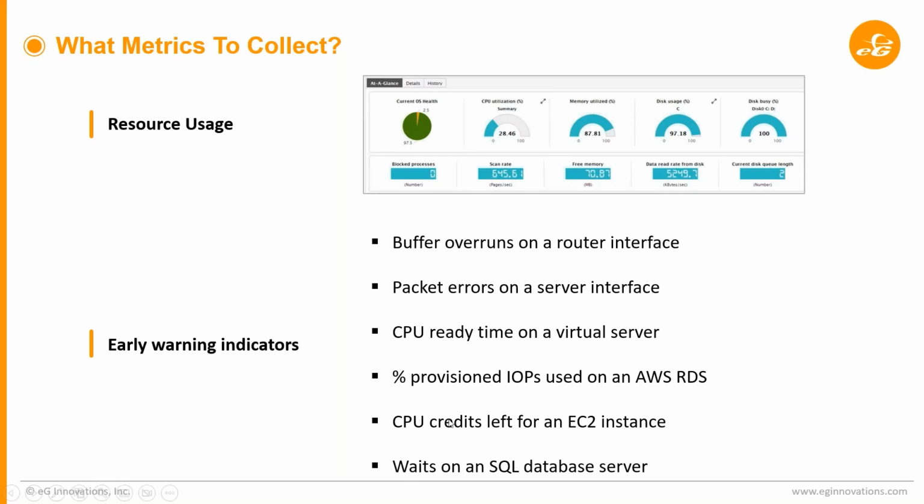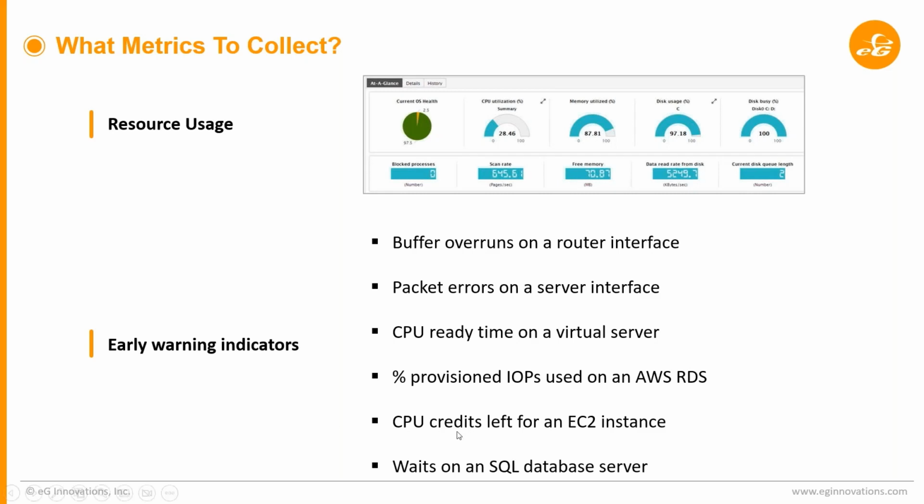If you're in a cloud environment, look for things like IOPS. For example, you could have purchased 20,000 IOPS from AWS for a database server. Are you using all those IOPS? If you're hitting close to capacity, it's possible that your application may come to a crunching halt when you exceed that limit.